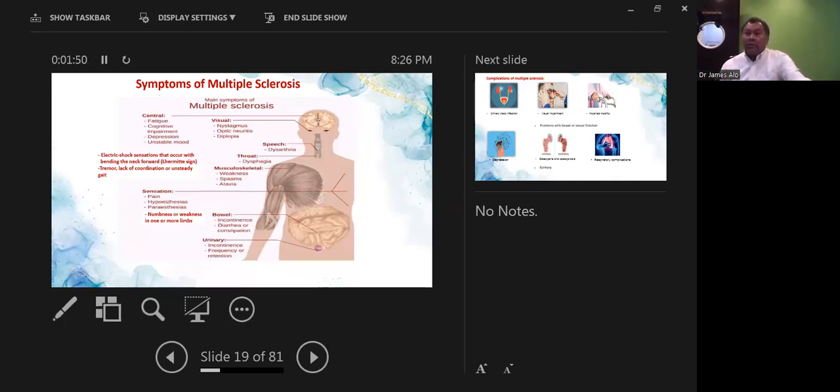There will be cognitive impairment, so it will be hard for them to understand what's happening. At the same time, they are going to manifest depression. Because the central nervous system is affected, we also have unstable mood. Those are the central nervous system symptoms.